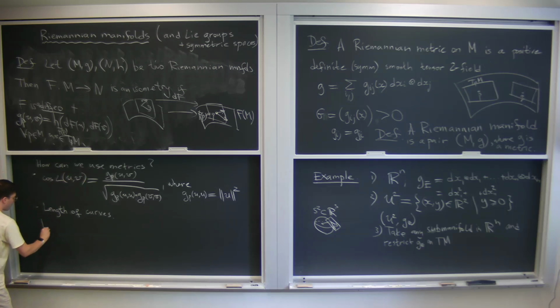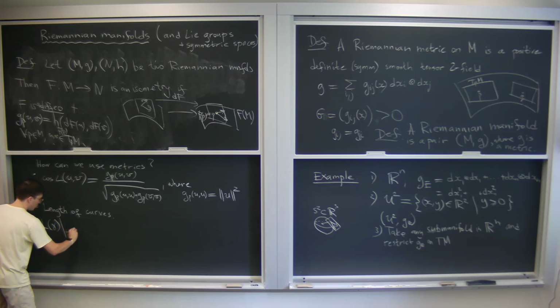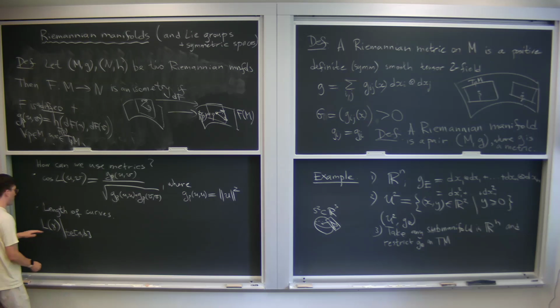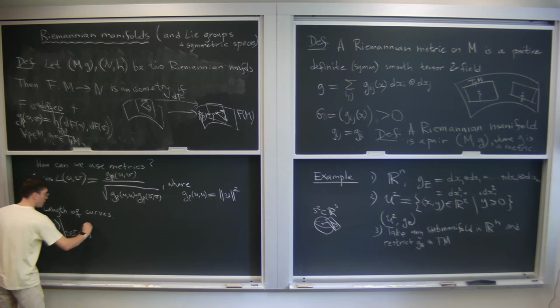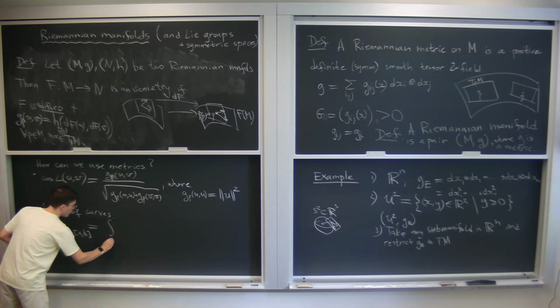The length I will usually denote as L of gamma restricted to t belonging to some segment [a, b]. Usually I will omit the t belonging to the segment and just write the segment itself. So this is the integral from a to b.